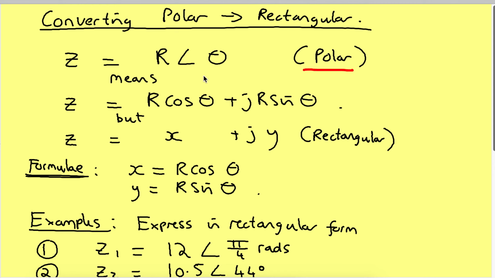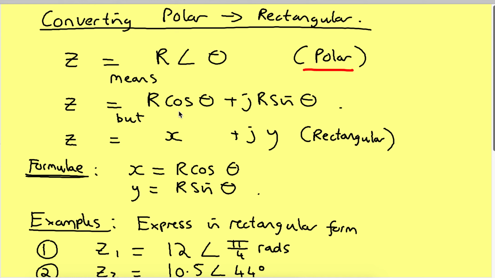Okay, polar form, r at an angle of theta. What that actually means is r cos theta plus jr sine theta, right? That's what polar form really means, but we always explain it like that because we know it's the length of the line r and theta is the angle it makes with the positive x-axis. But this is what it means mathematically.